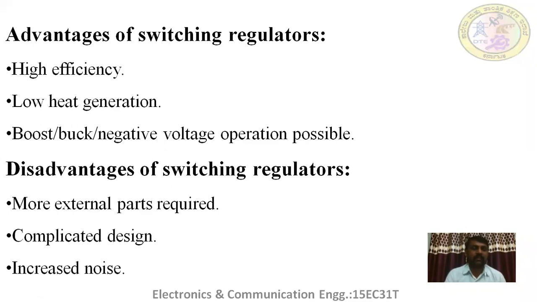So it provides enough efficiency and low heat generation. Low heat generation is due to the switching operation by the pass element. Because of low heat generation, there is less power loss. Because of less power loss, there is more or large efficiency, right?